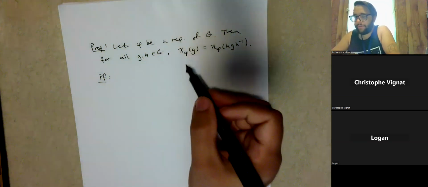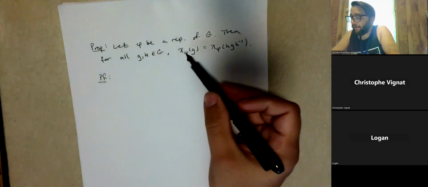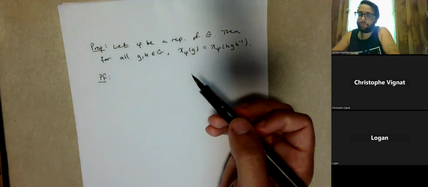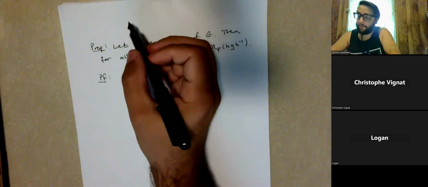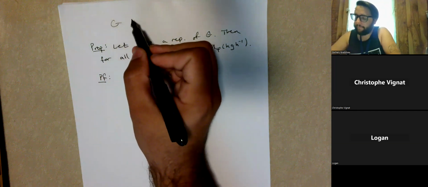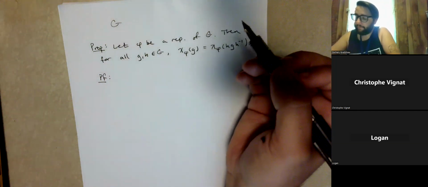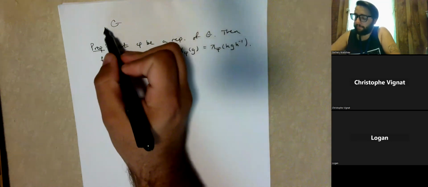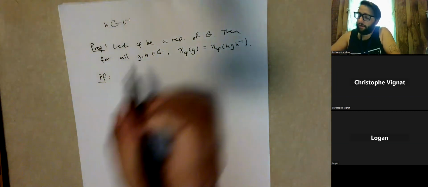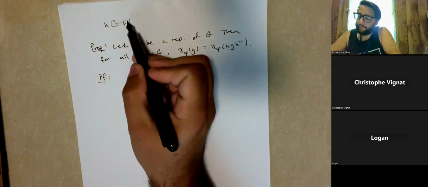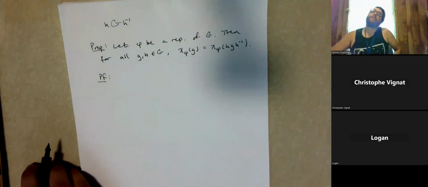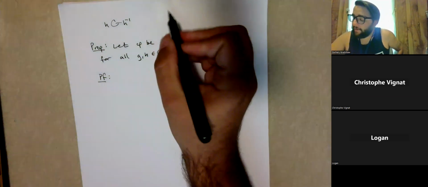So essentially what this says is that the character function is constant on every conjugacy class of the group. So if I have a group, let's call it G, and if I multiply on the left and the right, like so, then what I'm doing is I'm conjugating the group.